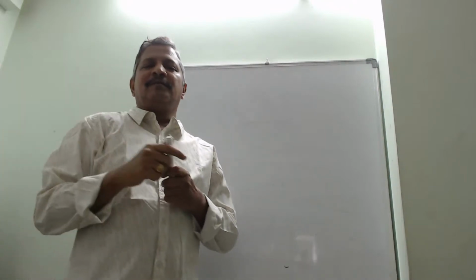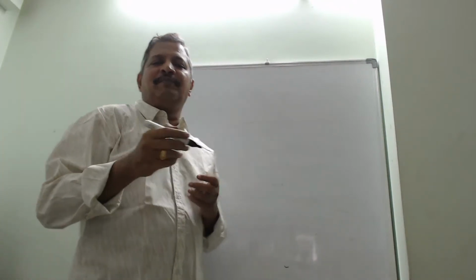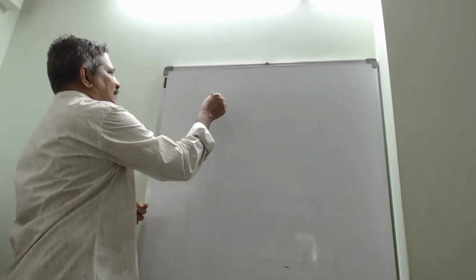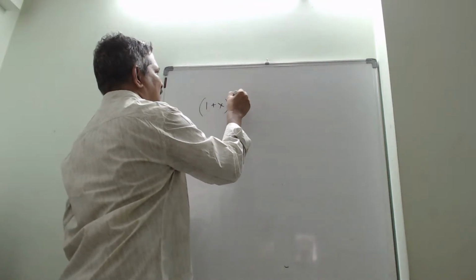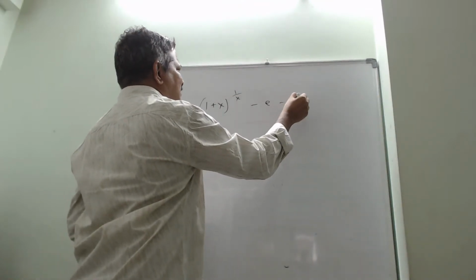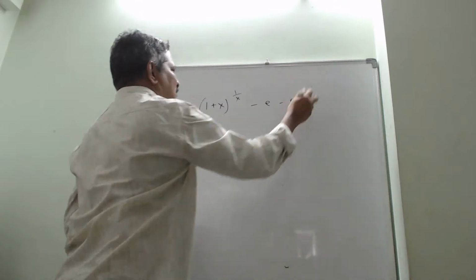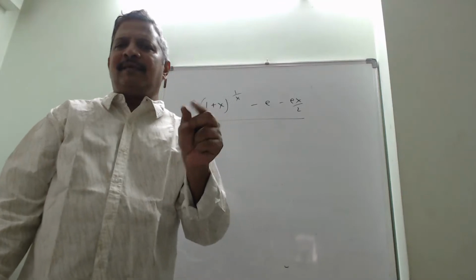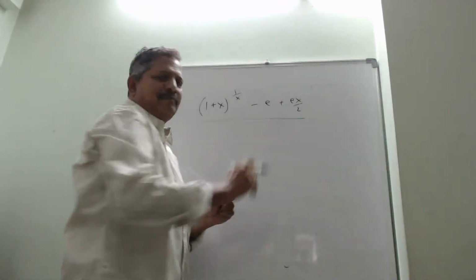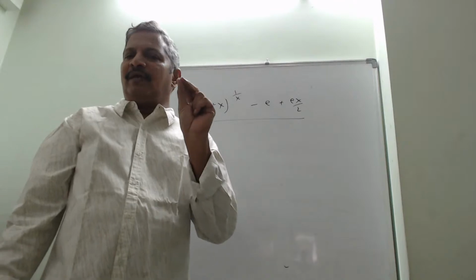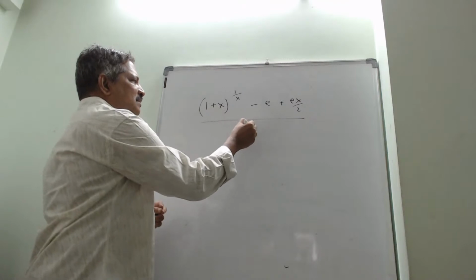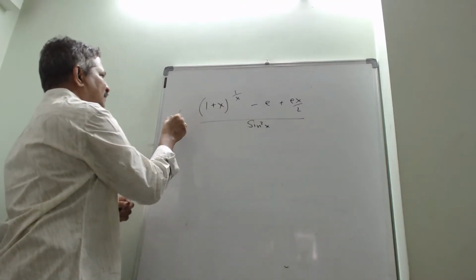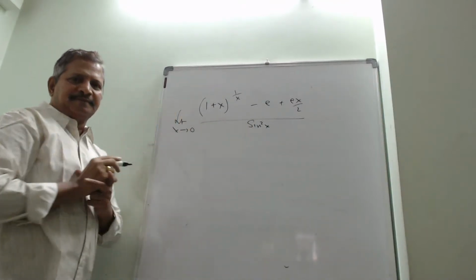Another typical problem is: 1 plus x power 1 by x minus e plus ex by 2, by sin square x, limit x tends to 0.